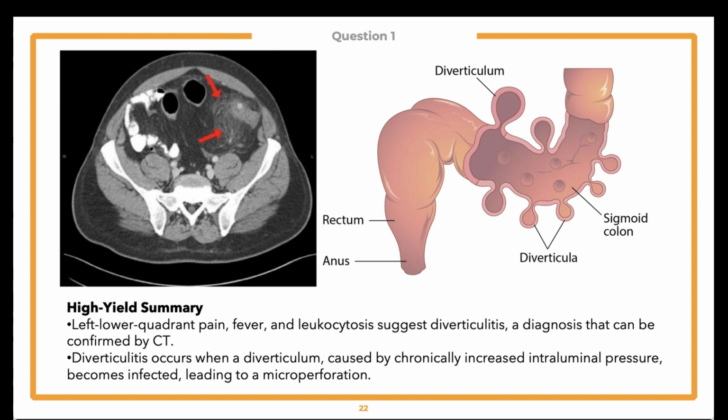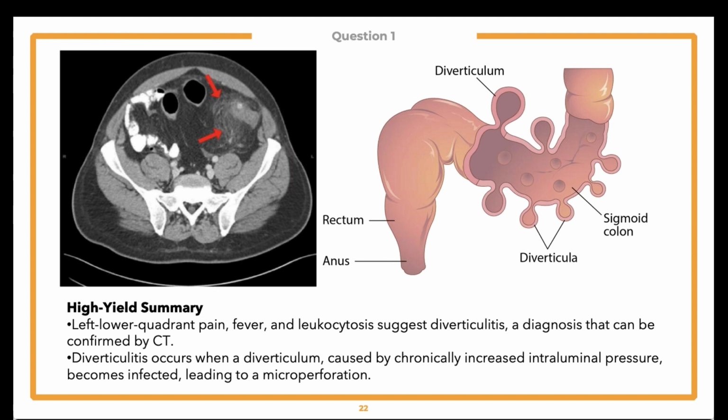Your second step is figuring out the disease mechanism. Diverticulitis occurs when a diverticulum, which is an outpouching caused by chronically increased intraluminal pressure, becomes infected. And what happens there? It leads to a microperforation of the bowel outpouching.